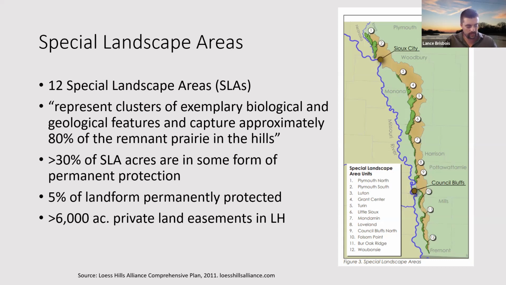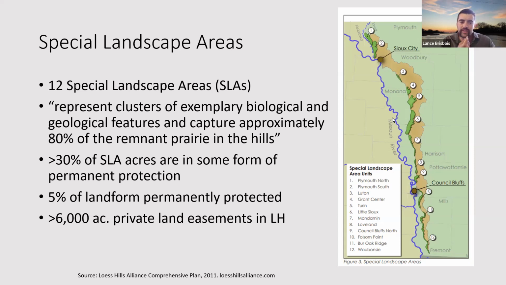So these areas, because they're so rugged, most of these hills have not been farmed ever. So they contain 80% of the remnant prairies in the Loess Hills. And as you can see, in most cases, it's a pretty narrow band, like less than a mile wide. A little bit wider up in Monona and Harrison, and then up in Plymouth County.